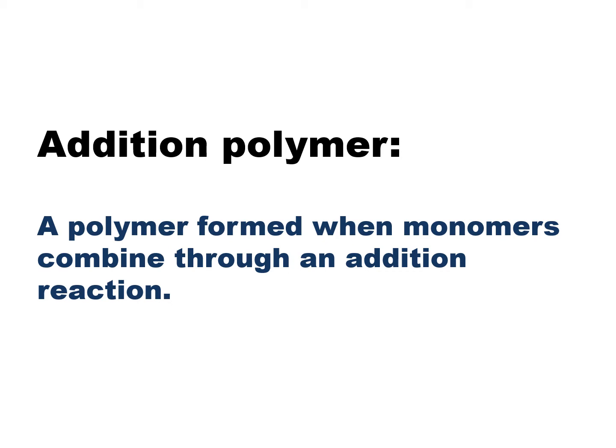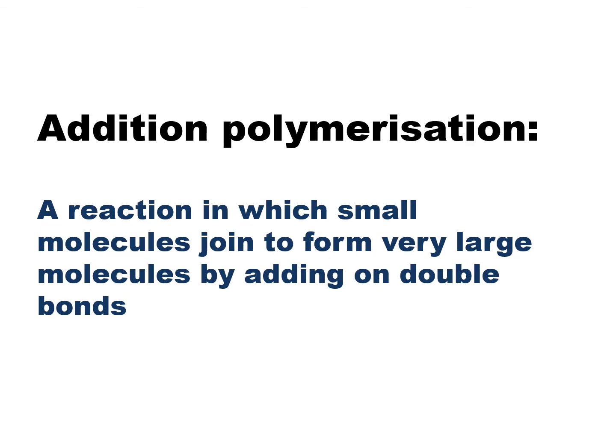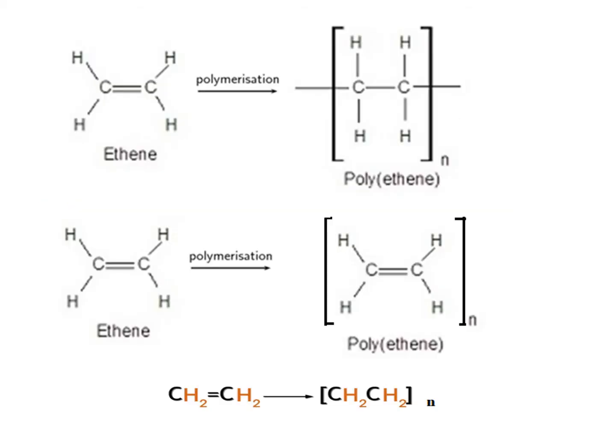An addition polymer is a polymer formed when monomers combine through an addition reaction. Addition polymerization is a reaction in which small molecules join to form very large molecules by adding on double bonds. Let's look at the example of ethene as an addition polymerization reaction.